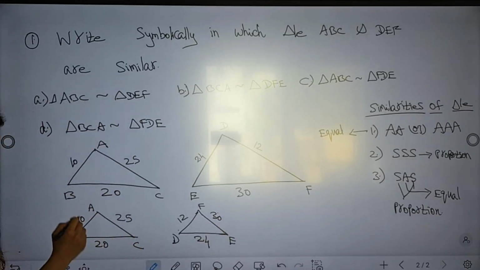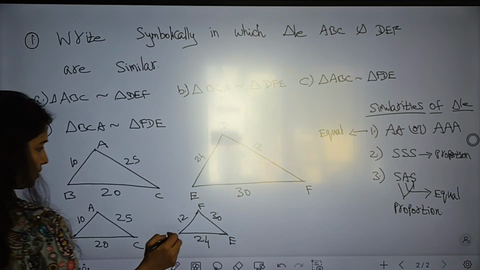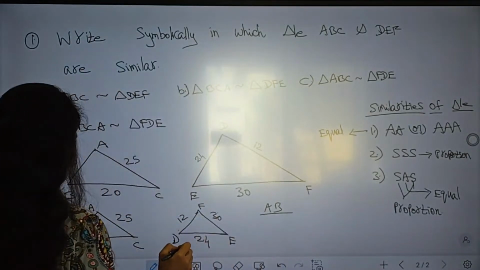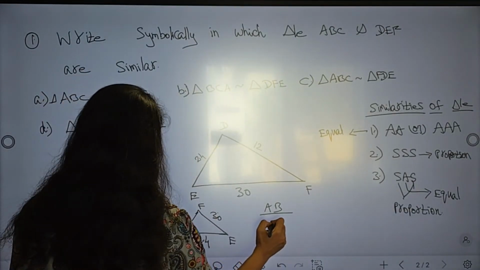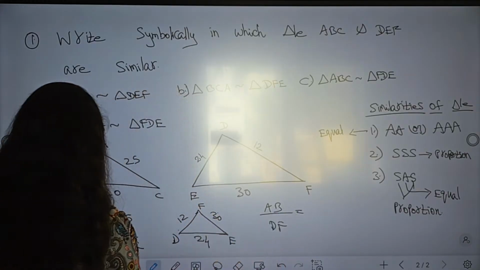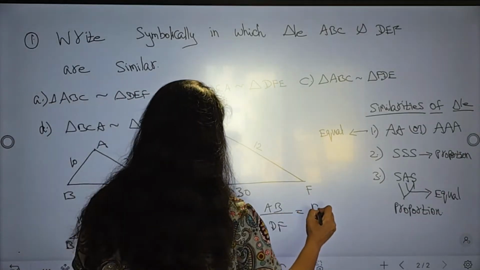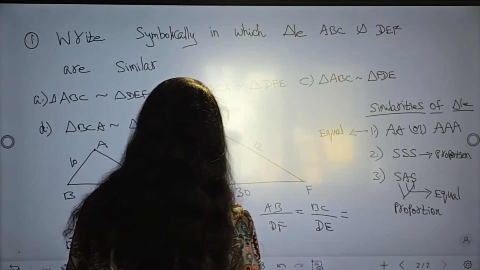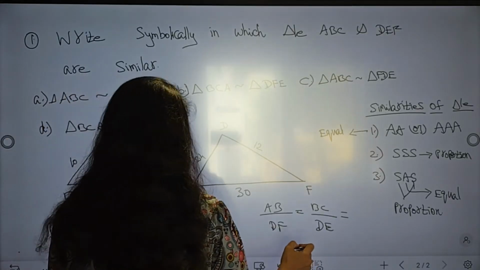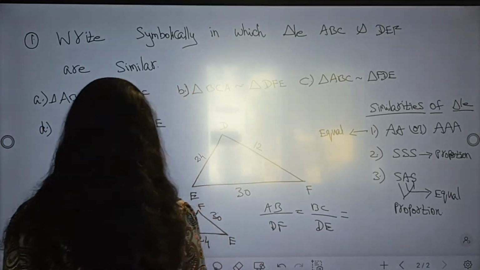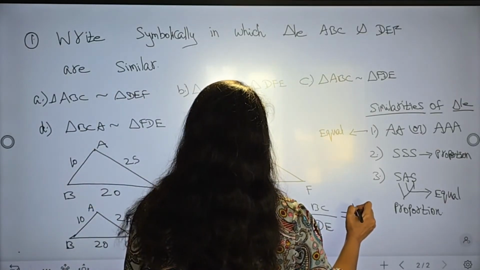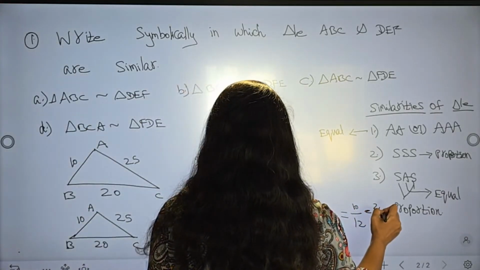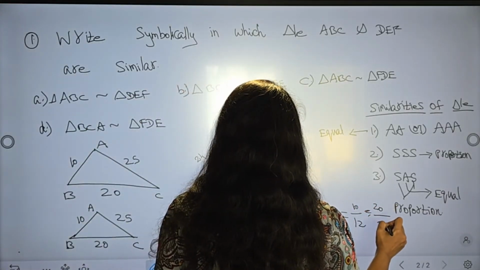Now see, all are in proportion. AB by DF is equal to BC by DE. So 10 by 12 is equal to 20 by 24.